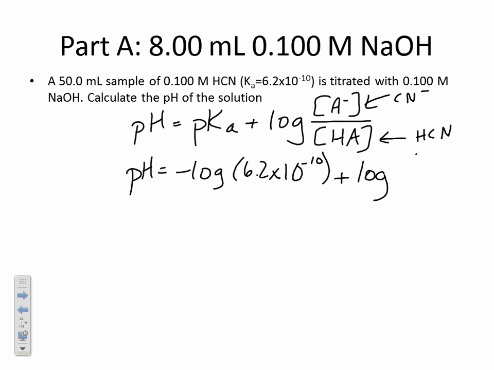So it's the log of 0.01379 molar divided by 0.0724 molar. And then it's all just plugging in and solving, because at this point, this is an equilibrium problem, but we can use Henderson-Hasselbalch.